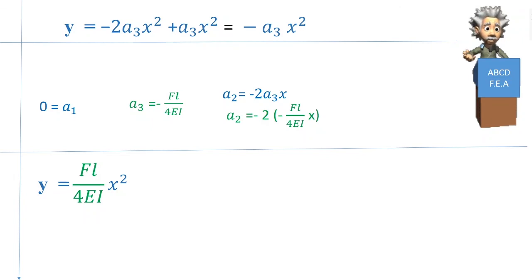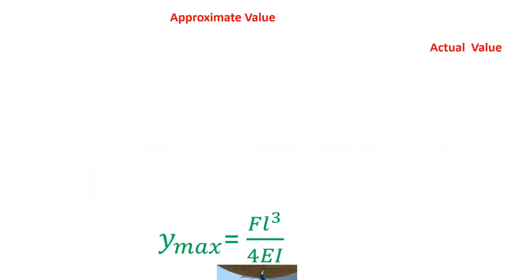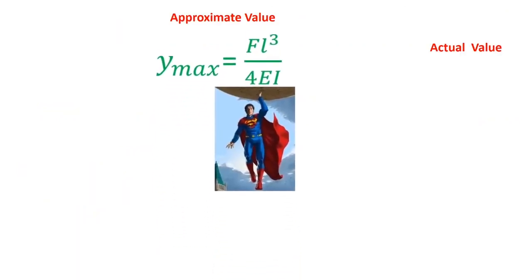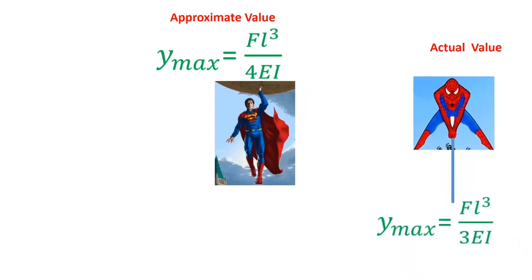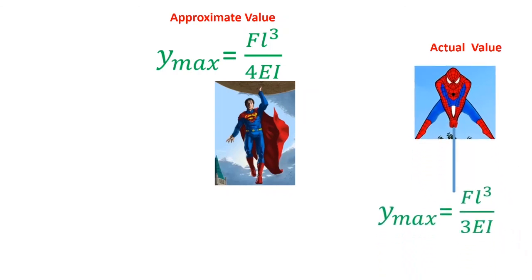This is the deflection of the slope. Now the maximum deflection which we obtained is FL cube by 4EI. However, the actual value is FL cube by 3EI. So we can see by the Rayleigh Ritz method, the approximate value deviates from the actual value. So there is an error.